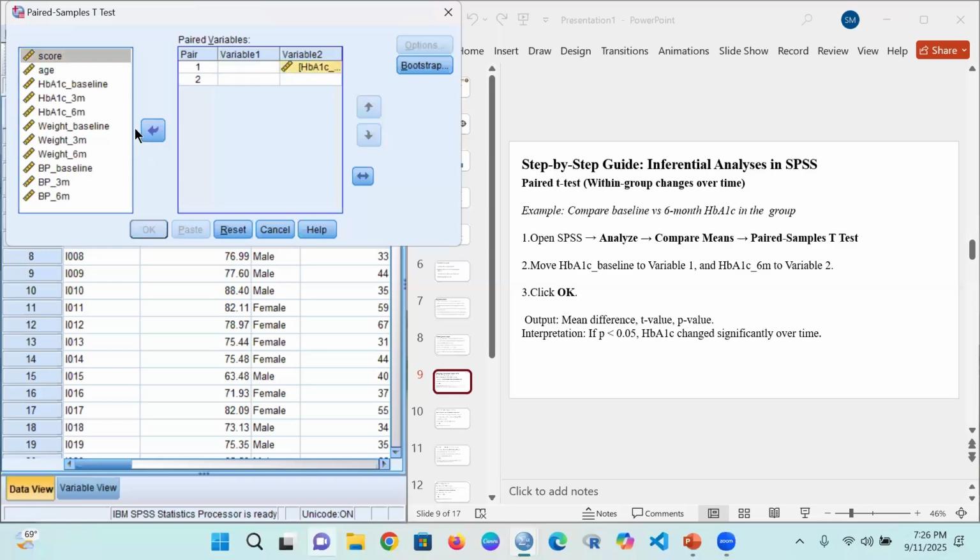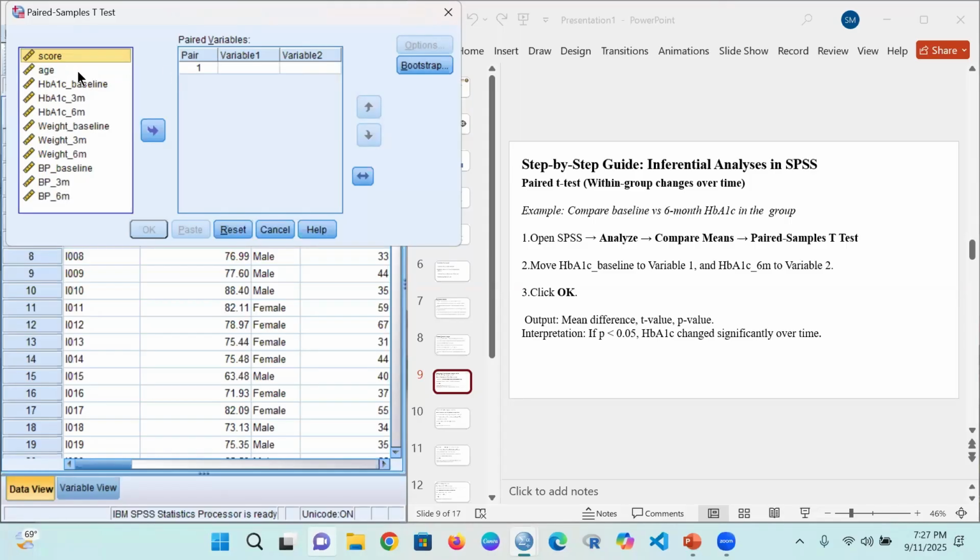So in our data, what are we comparing? For our case, we want to compare the baseline versus 6 months and also the baseline versus 3 months. So I will have to load all the data.